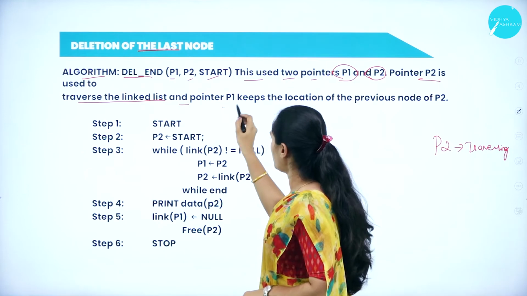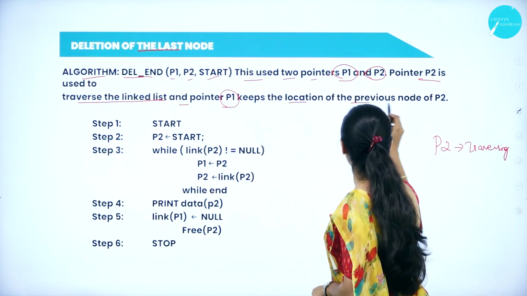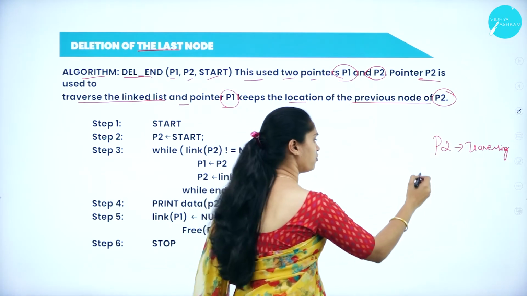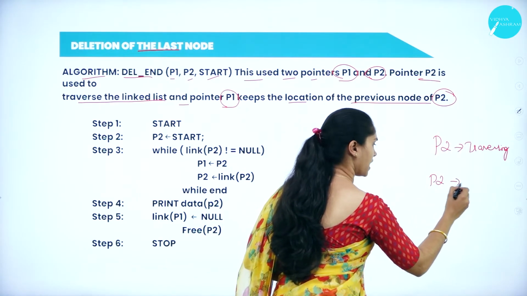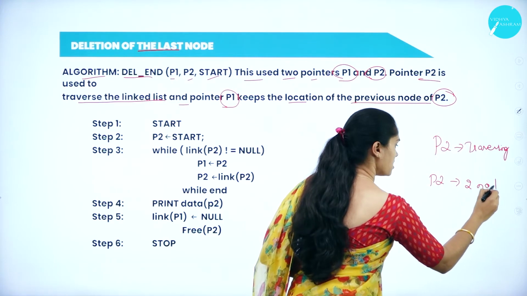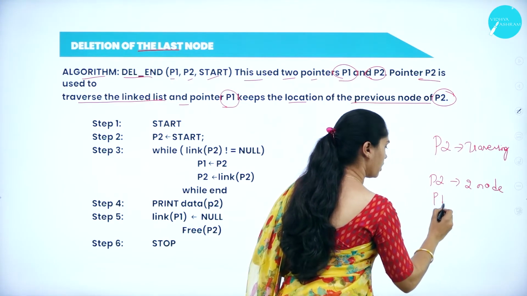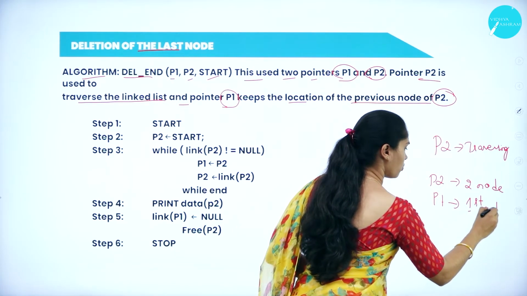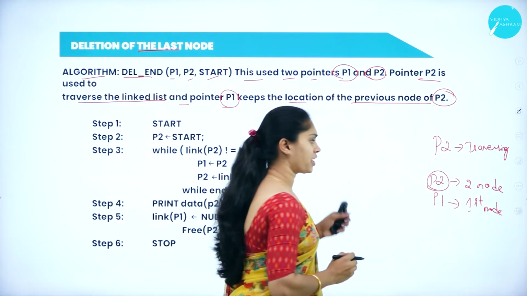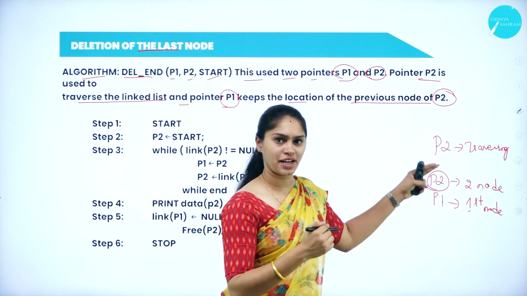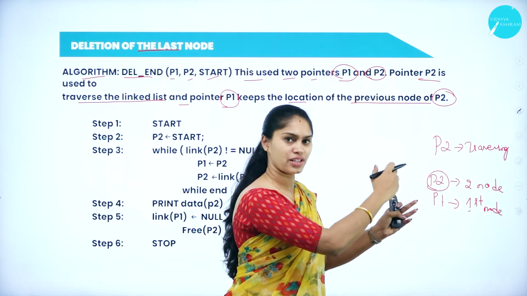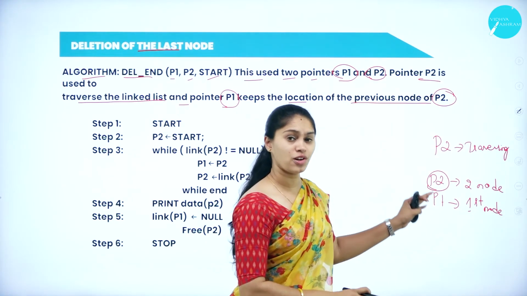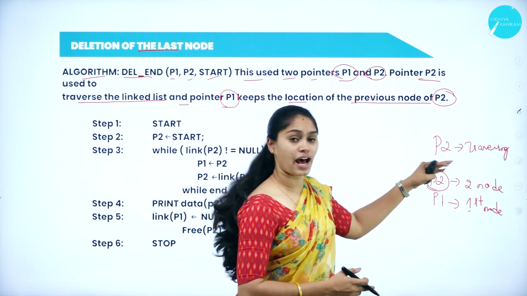Then pointer P1 keeps the location of the previous node of P2. For example, if P2 is in the second node, P1 will hold the address of the first node. Why? Because when P2 reaches the last node, I will get to know that yes, that is the last node, and then I am going to delete it. P1 will hold the address of the last node after the deletion of the last node.